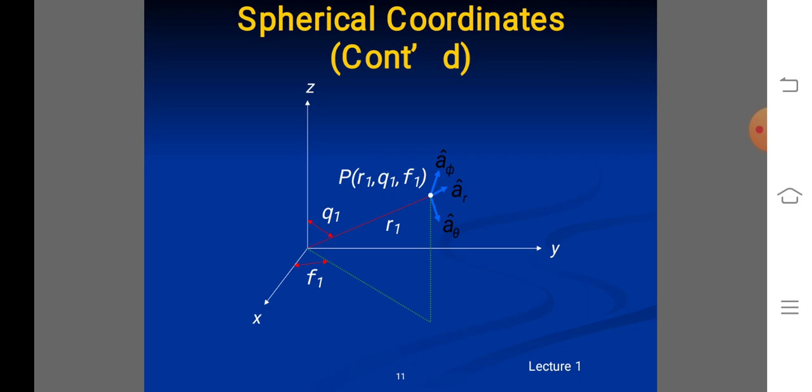The ranges are: r from 0 to infinity, theta from 0 to pi, and phi from 0 to 2 pi.